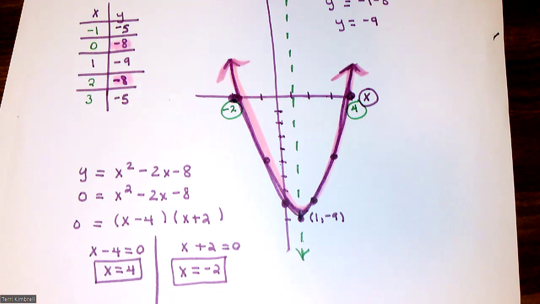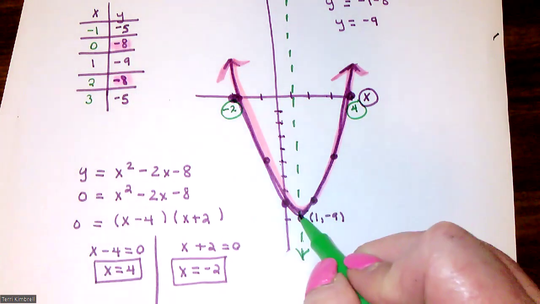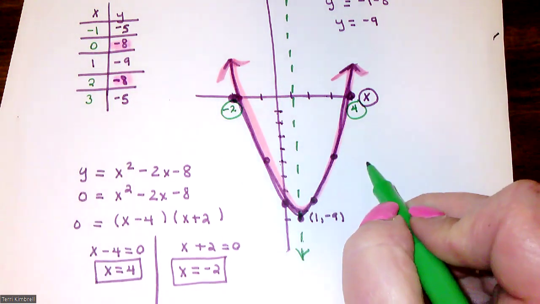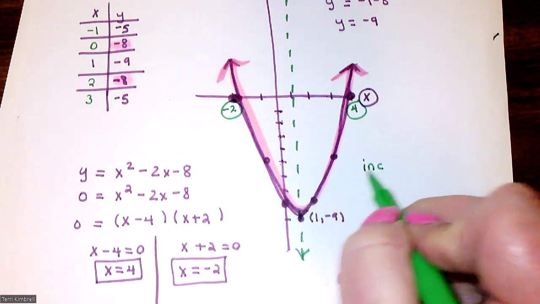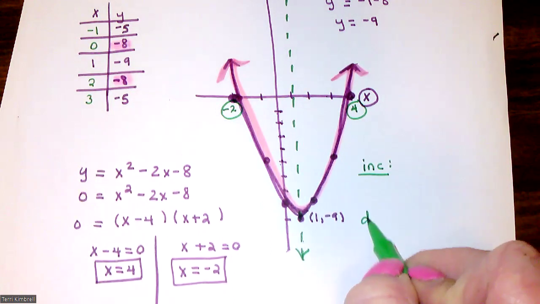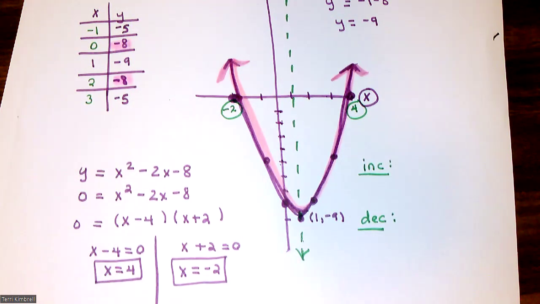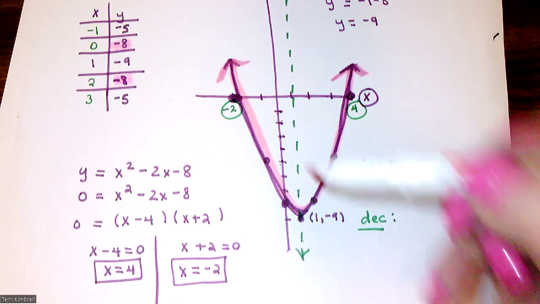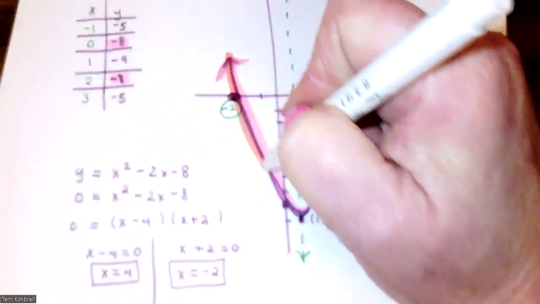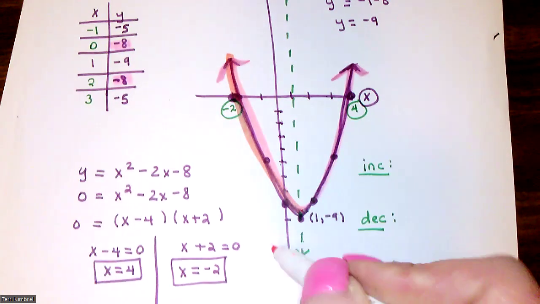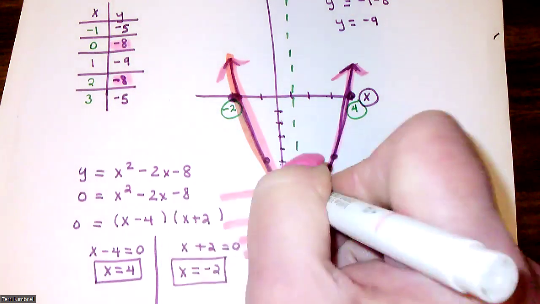Okay, so if you are thinking about trying to go back now and do your increasing and decreasing for those intervals, we would notice, first of all, that this side of the parabola would be decreasing. So it would be decreasing, and you would look at your x's.